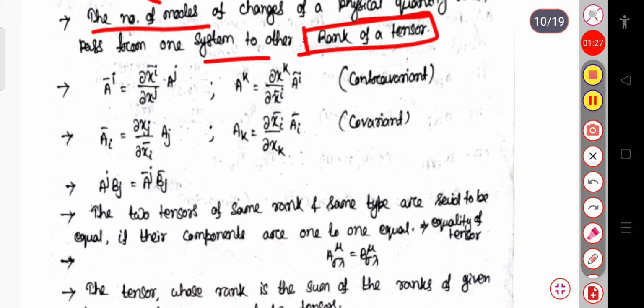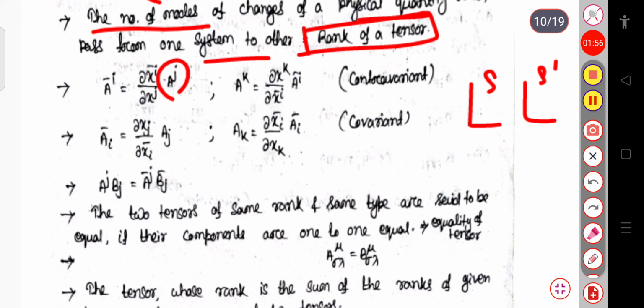And next, this is the representation of the contravariant tensor. When you are in one frame of reference, suppose S, and you want to calculate for the other frame of reference, that is the S prime frame, we can use the contravariant form or the covariant form. If I write A bar i in the S prime frame, this contravariant tensor can be written as dou x i bar divided by dou x j into A^j.